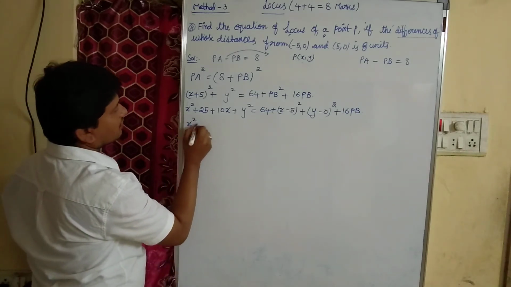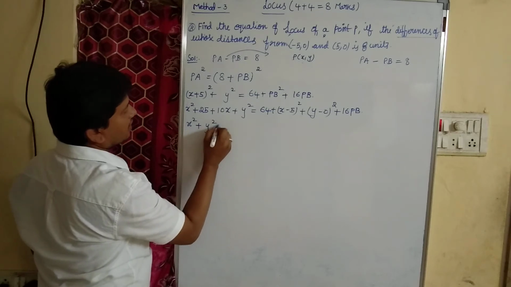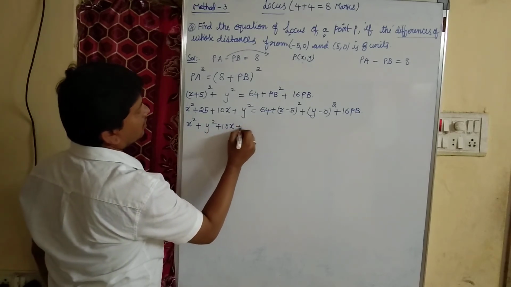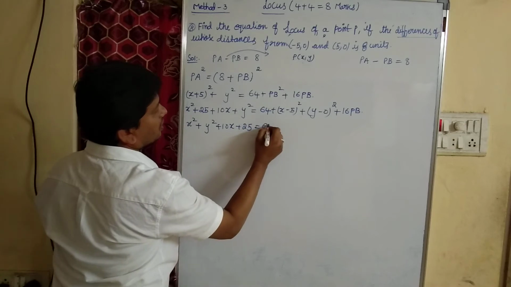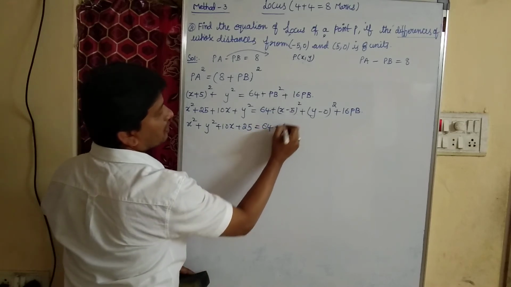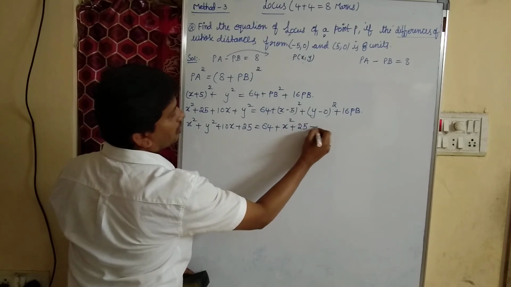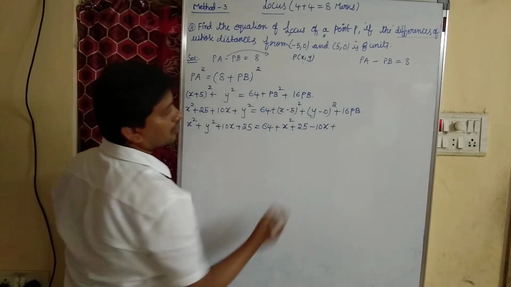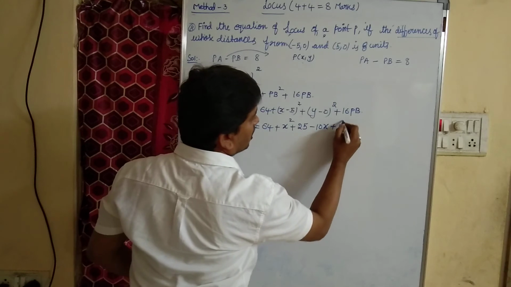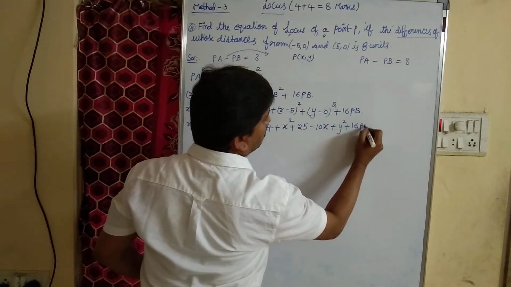So let us write x square plus y square plus 10x plus 25 equals 64 plus, a minus b whole square, a square plus b square minus 2ab, x square plus y square minus 10x plus 25, plus 16 PB.